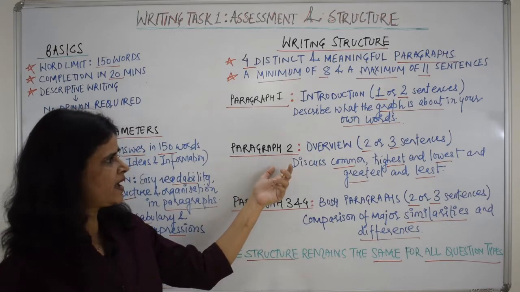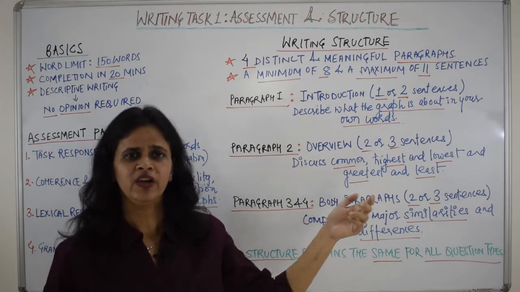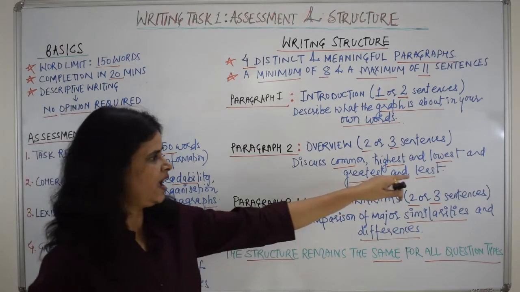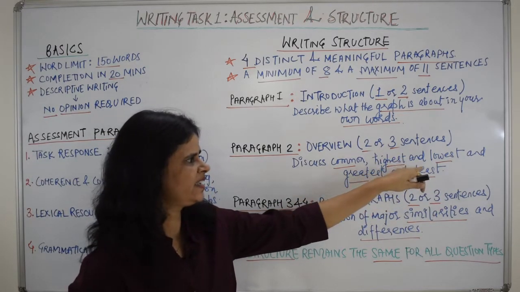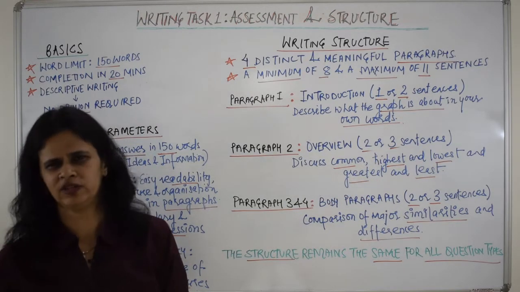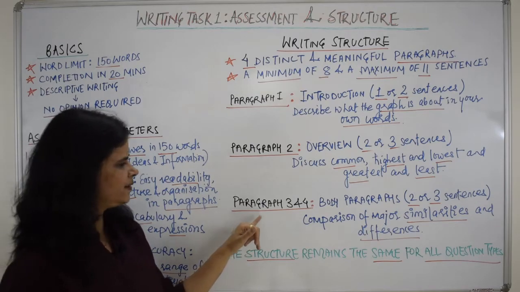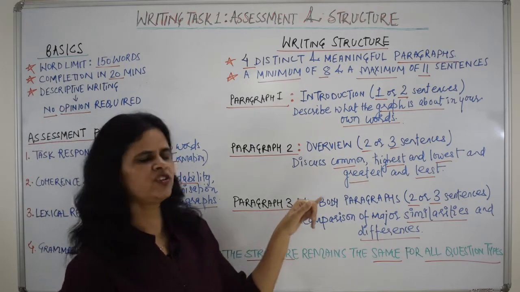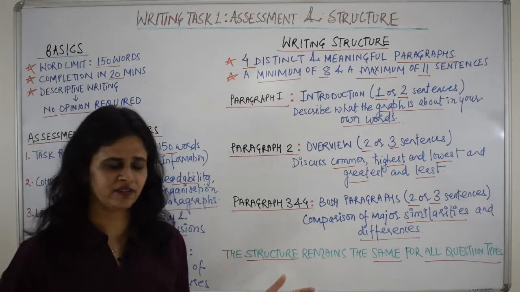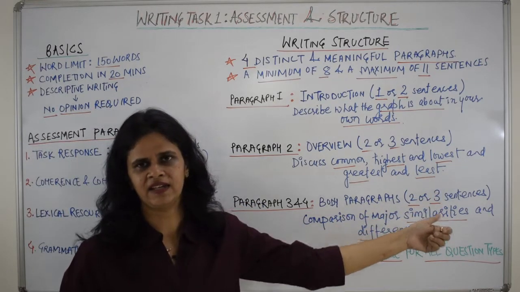The second paragraph, the overview, discusses the commonalities, the greatest and the least, and the highest and the lowest points in the graph or diagram, whatever you are given. Then paragraphs 3 and 4, the body paragraphs, should compare and contrast similarities and differences.